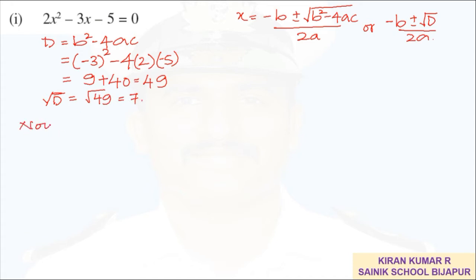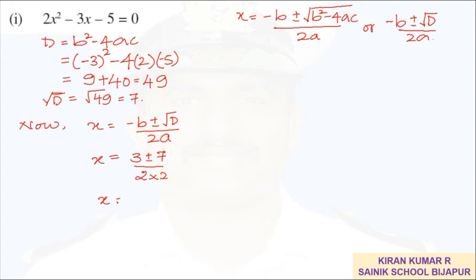Now x will be minus b plus or minus root d upon 2a. Let's substitute. The value of x becomes minus b, which is positive 3, plus or minus root d. Root d we have found, it is 7, by 2a. It becomes 2 times 2.